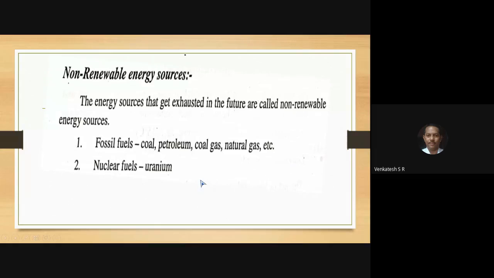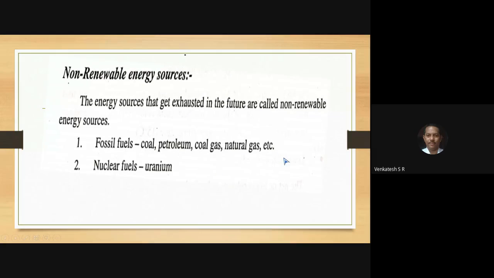You can couple the nuclear reactor with the steam generator, the steam generator with the turbine, and the turbine with the generator or alternator. From that, you can produce electrical energy. The reaction in the nuclear fuel is converted into electrical energy.